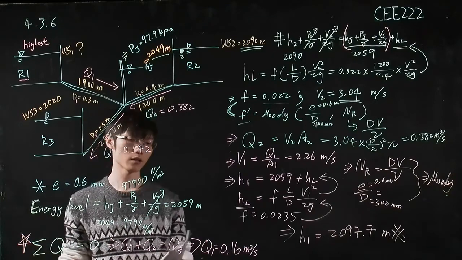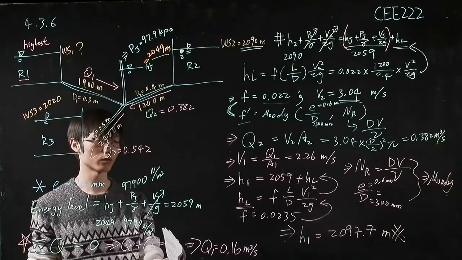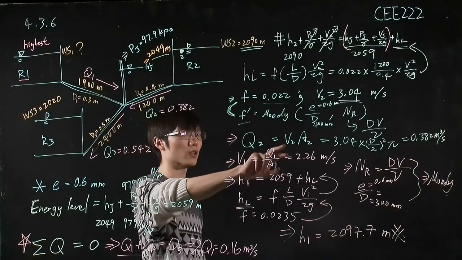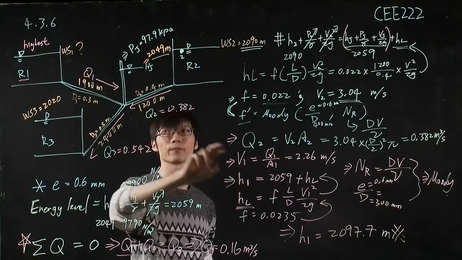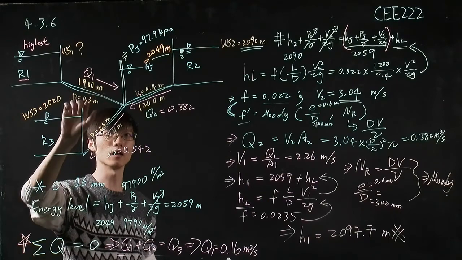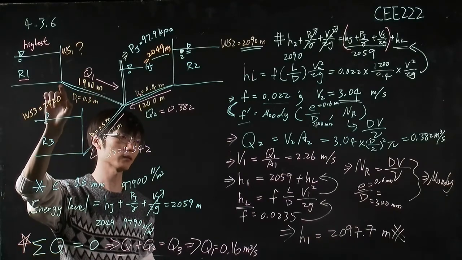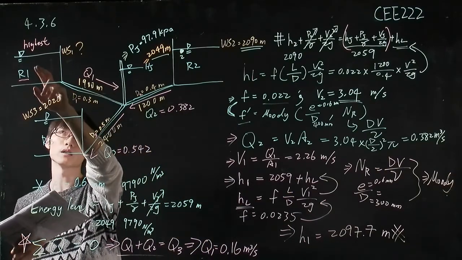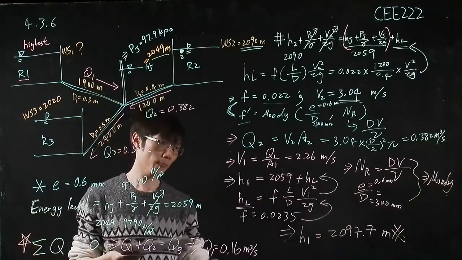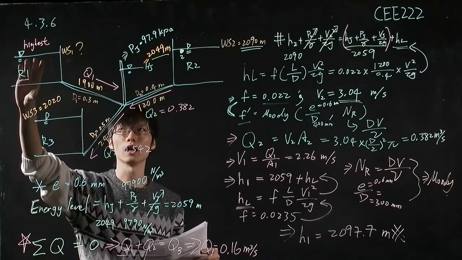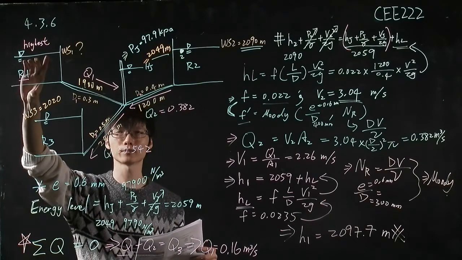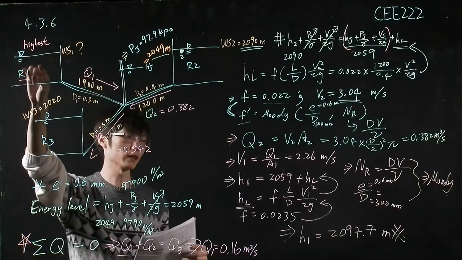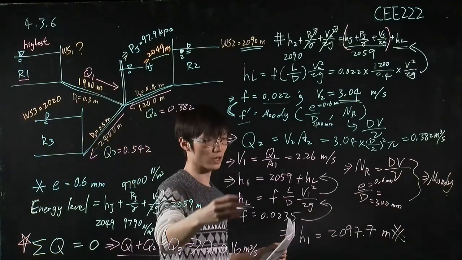So as I said, if you know Q2 and Q3, then you know Q1. If you know Q1, then you know the velocity in this pipeline for reservoir 1. And then you just use the energy equation between reservoir 1 and this junction to solve for the height, the water level in this reservoir 1, as I show in the process here.